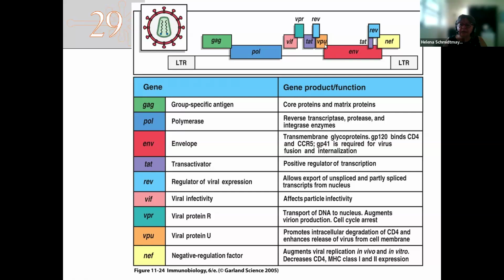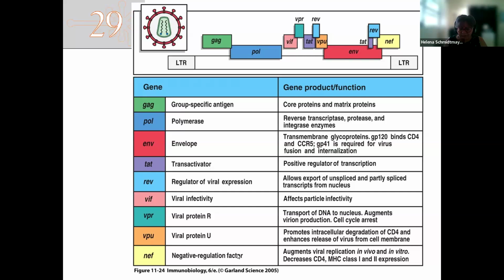VPU, right here, promotes intracellular degradation of CD4, so it decreases expression of CD4 by preventing it from getting expressed. Another very important protein is NEF.